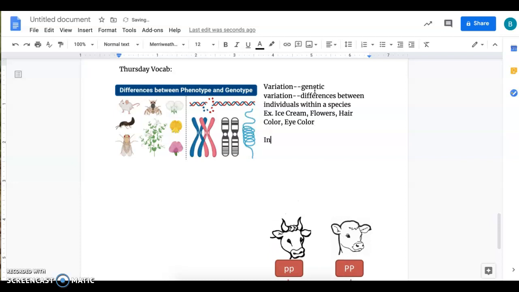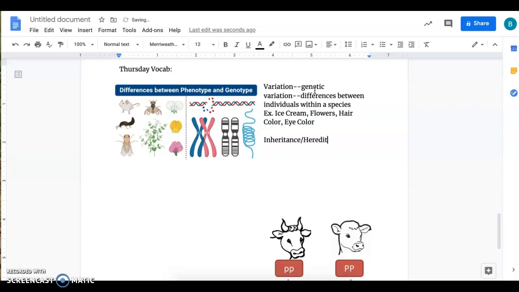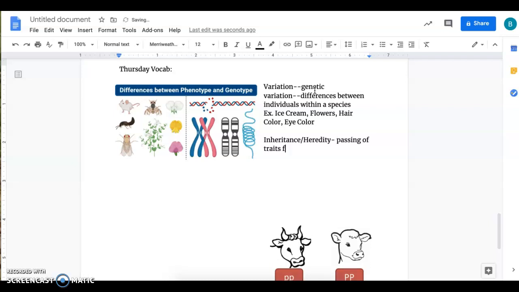The next word we're going to be talking about is inheritance. Inheritance, or heredity as you can also call it, is the passing of traits from parent to offspring.